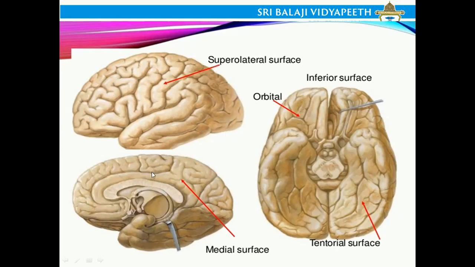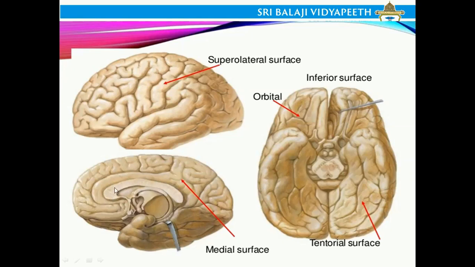Now, as I said, when I take a knife and section it in the middle, this is the medial surface. This is the surface that is facing the middle, and it is seen in both the right and left hemispheres. How to clearly identify the medial surface? The surface of the brain that has a thick whitish C-shaped tissue is called the corpus callosum.